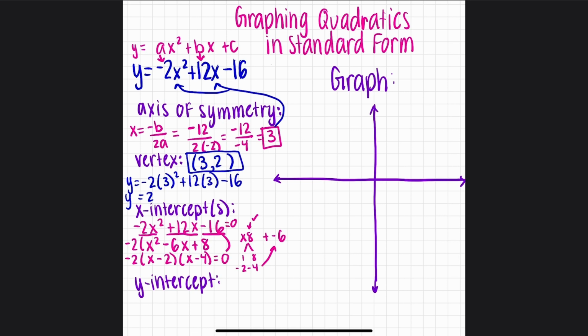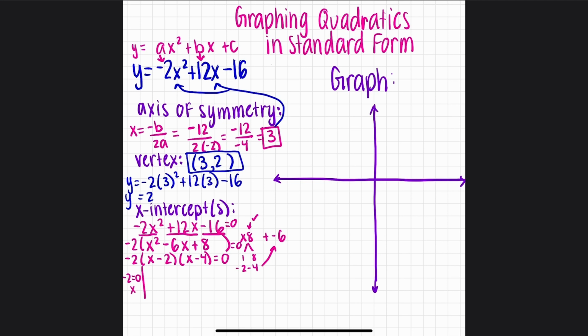And I apologize, I should have done that in the very beginning because we're solving an equation here. So let's move this y-intercept down since I need more space. Since it's equal to 0, and you have all these parentheses, use something called the zero product property. It sounds confusing, but it's super easy. All you do is set each of these terms equal to 0. So negative 2 is equal to 0.